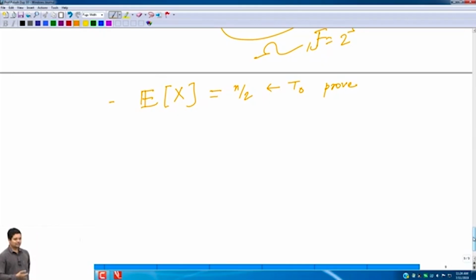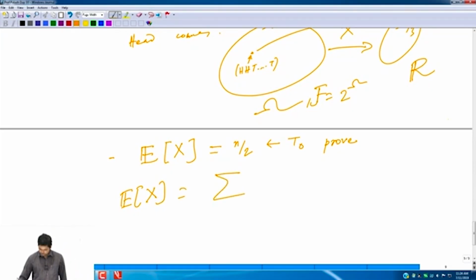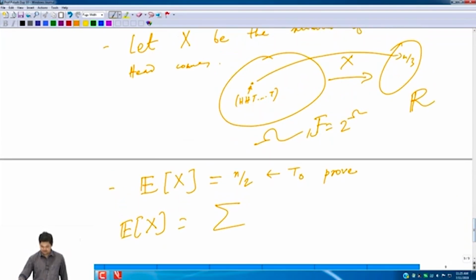Of course we can simply apply the definition, and write that expectation of x is, from the definition, a sum over all points in the image.